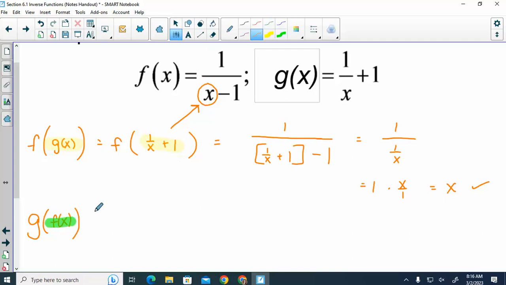So g of f of x. Okay, so I'm going to plug in f. So that's my 1. Put f into g. So g is 1 over the thing we plug in, 1 over x minus 1. And then there's a plus 1 on the end.